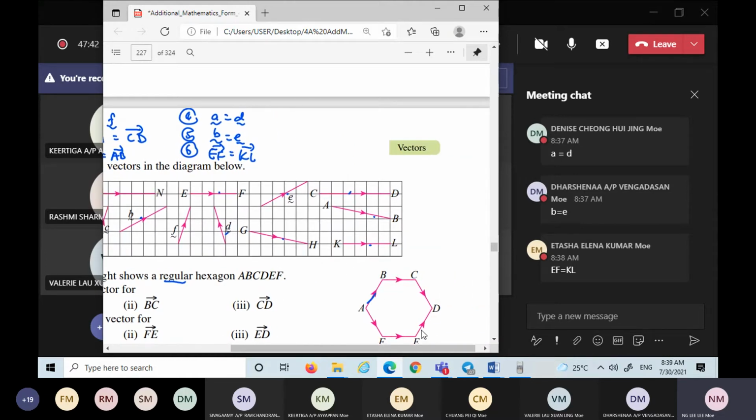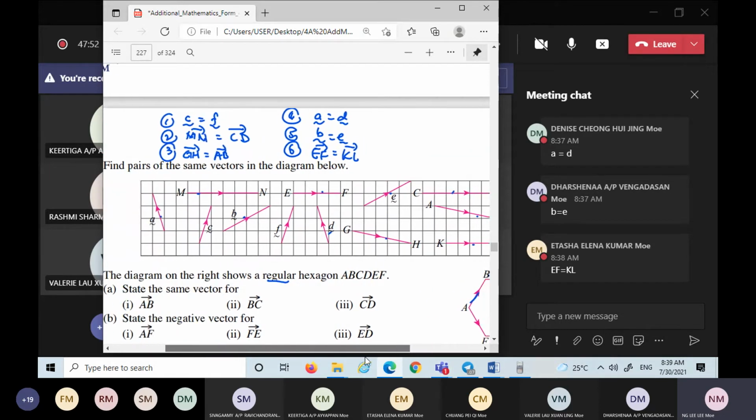So this and this will be parallel, this and this will be parallel, and this will be parallel. Now what do they want? State the same vector. They want the same vector of AB.